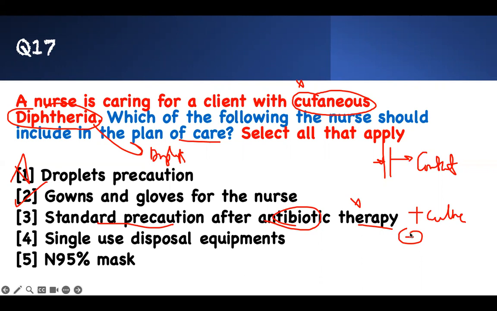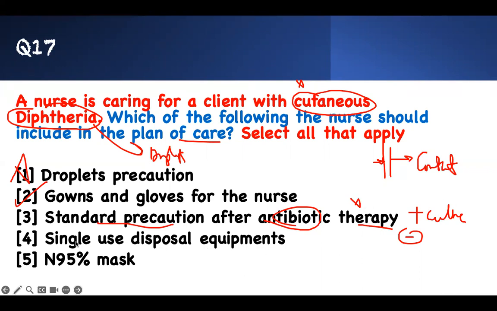Otherwise, you continue with the contact precaution. So this one is partially right. Yes, standard precaution after antibiotic therapy, but you've got to say, and after culture is negative. So there are two things you have to satisfy.